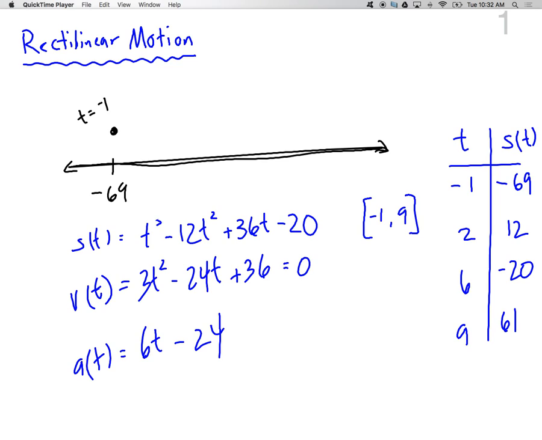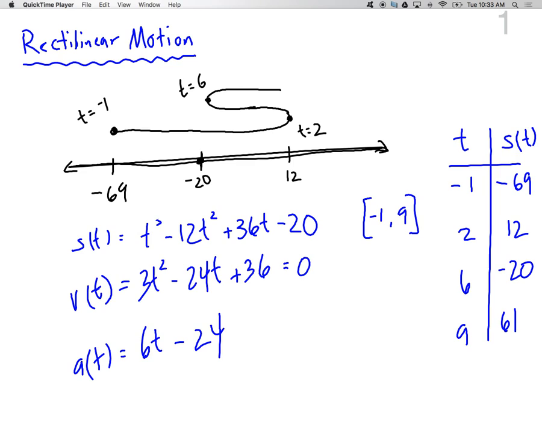It's going to go all the way over here to 12. I'm guesstimating where 12 is. This is going to go this way and then turn at 12. That happens at t equals 2. Then it goes back to negative 20, right there, and that happens at t equals 6.